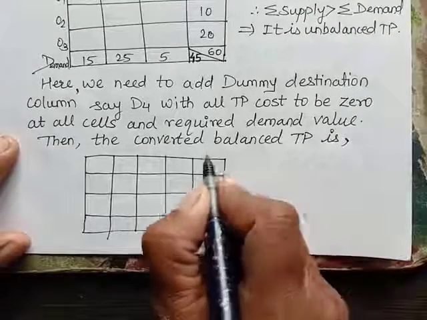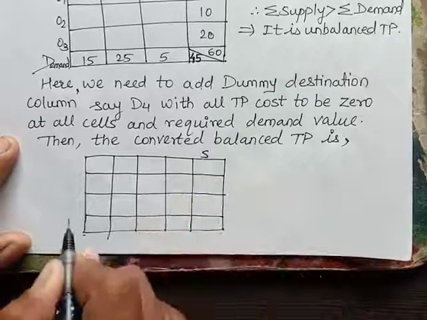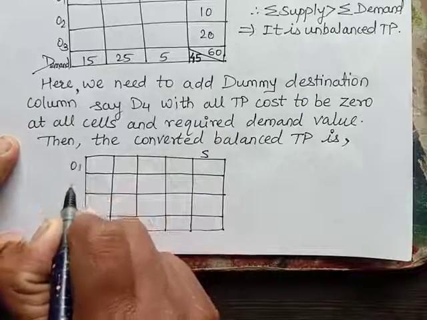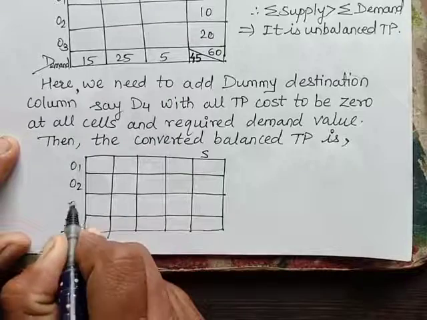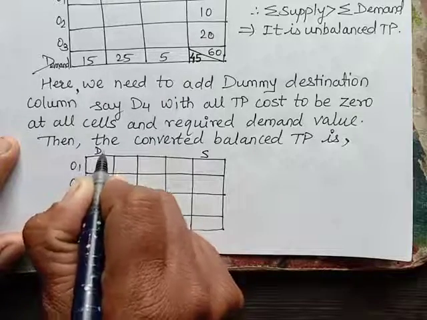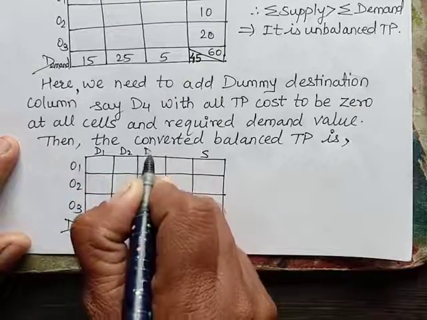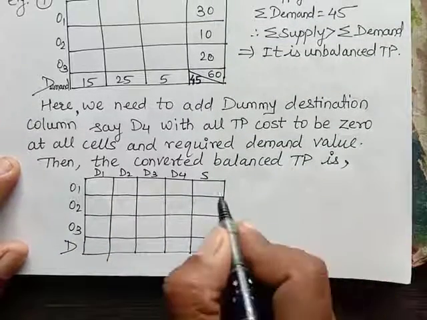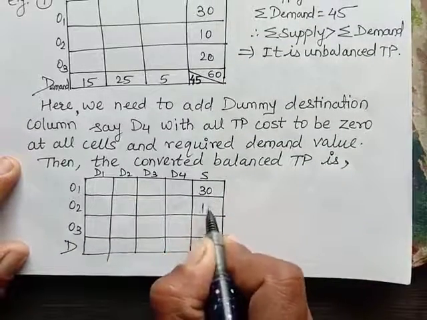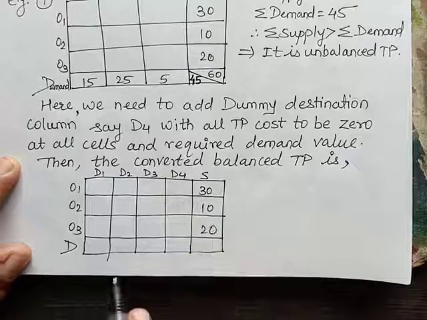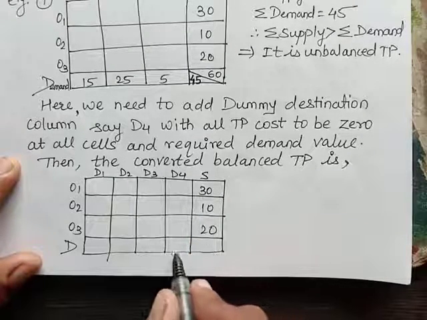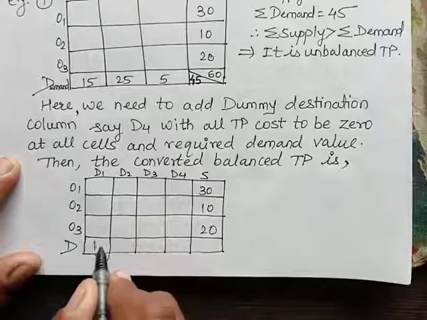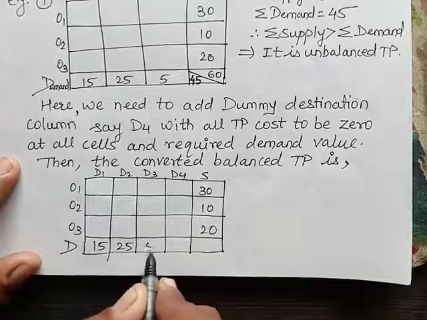So here supply, here demand, origins O1, O2, O3, here D1, D2, D3 and D4 we have added. Here supply is 30, 10 and 20 as it is. Supply is more but the demand is less, so 15, 25, 5 as it is.